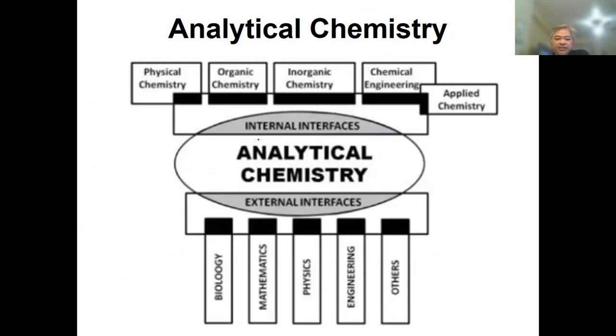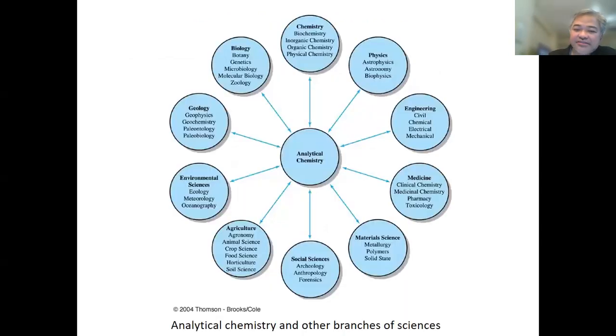It can be working with internal interfaces or external interfaces. So internal interfaces is just the other branch of chemistry. External interfaces yung other discipline. At being the central science nga, okay, it plays a role in other disciplines.